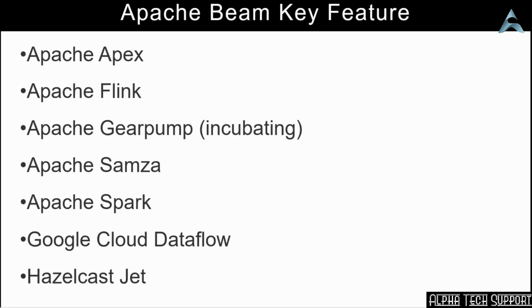For example, a pipeline can be written once and run using any supported backend. The Apache Beam Pipeline Runner translates the data processing pipeline into the API compatible with the backend of the user's choice. And currently it supports backends like Apache Apex, Apache Flink, Apache Spark, Google Cloud Dataflow, and Hazelcast Jet.